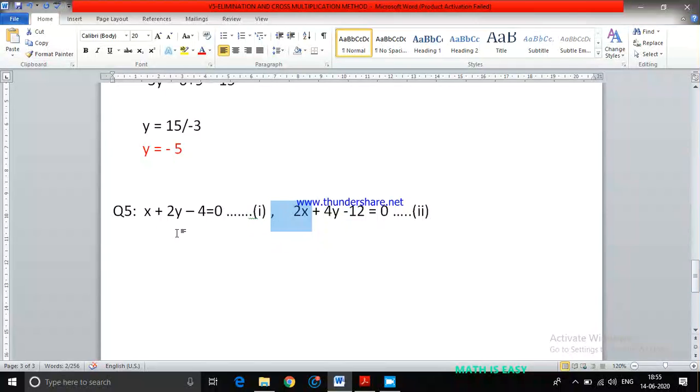If I want to eliminate x, I multiply this equation by 2, then I'll get 2x plus 4y minus 8 equals 0. Here also 2x plus 4y. Both the x and y terms will get cancelled if I eliminate. So I'll get minus 4 equals 0, a condition which is not possible, hence no solutions are there.